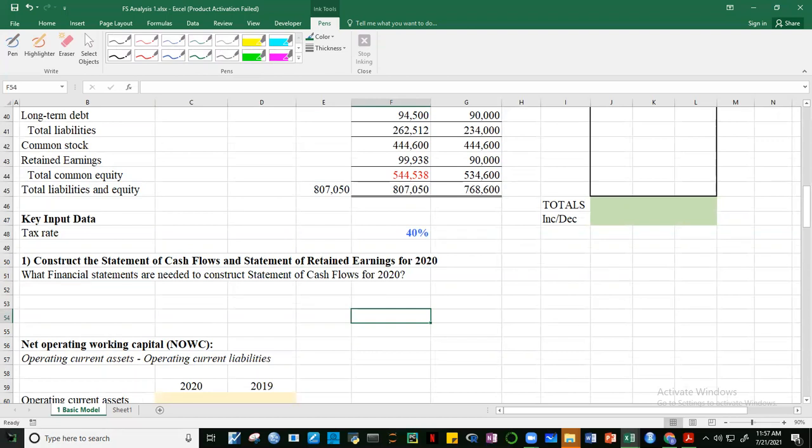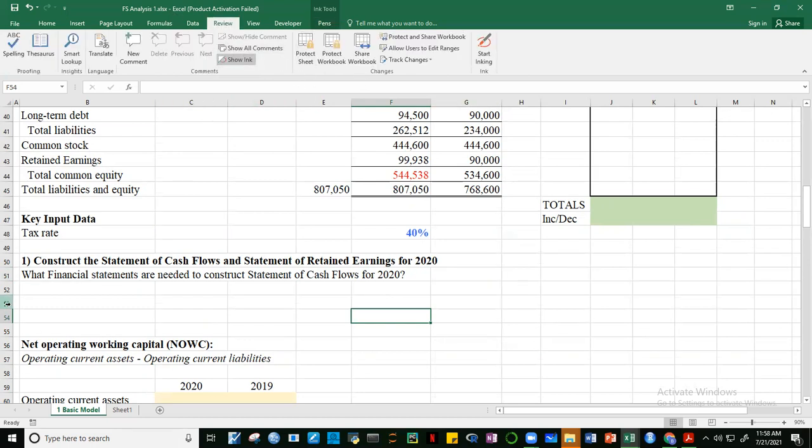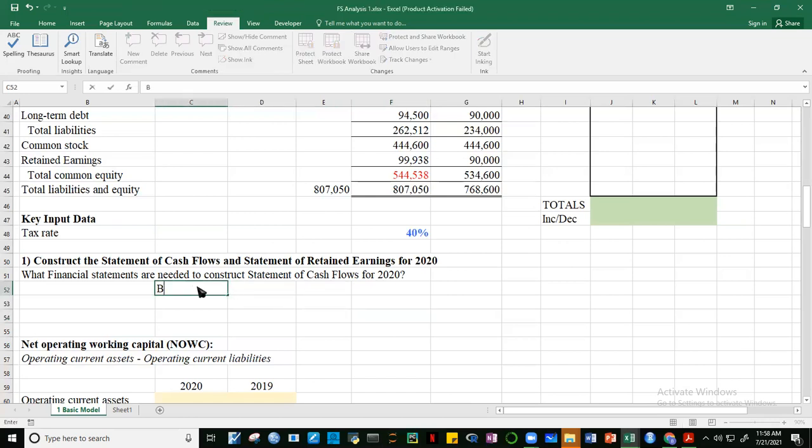So we need here, okay, balance sheet 2020, balance sheet 2019, and income statement 2020.